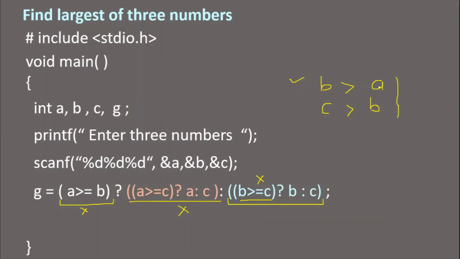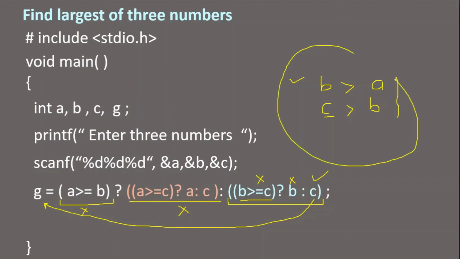B is greater than A, but C is greater than B. It obviously means C is the greatest number. So as this condition is false, this will not execute and this will execute. And what is the value of the correct expression? C. That C will be stored in G, because by comparing these two expressions, C is the largest number.